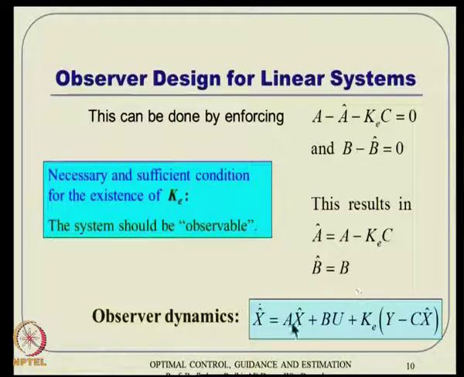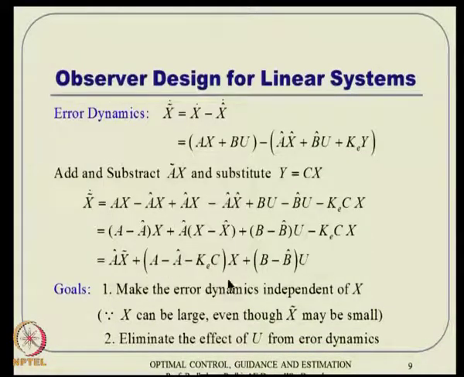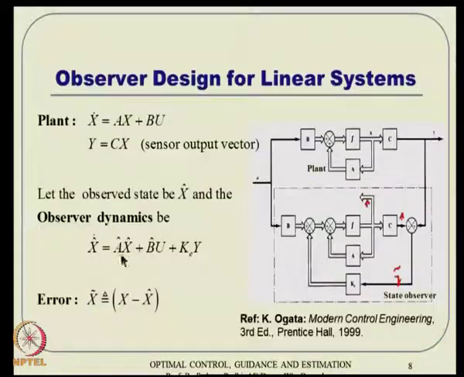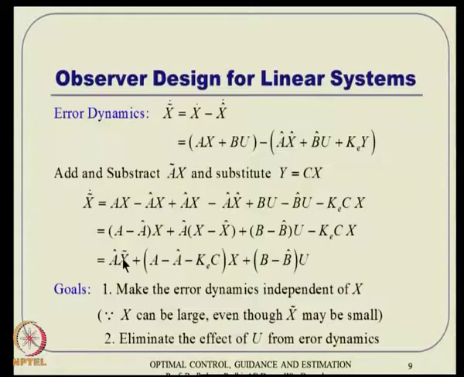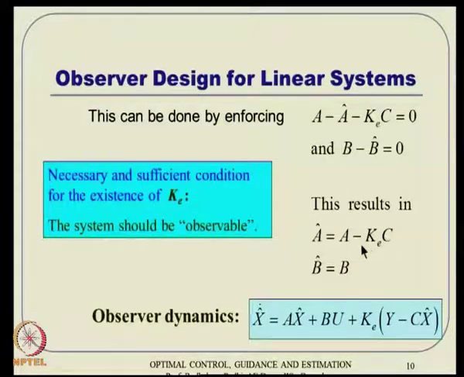Now you substitute back, this is my x hat dot, because that is how I started. Only a hat and b hat were not known. So, now b hat is b and a hat is a minus K_E C. I substitute that, and this component I will put somewhere here, and then this particular term y minus C x hat turns out to be something called innovation.